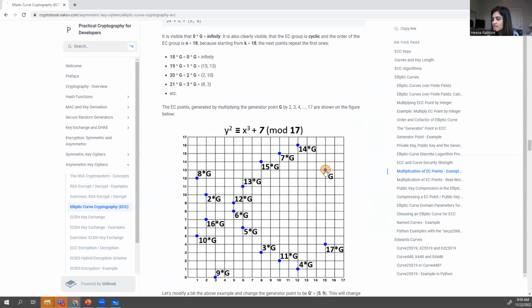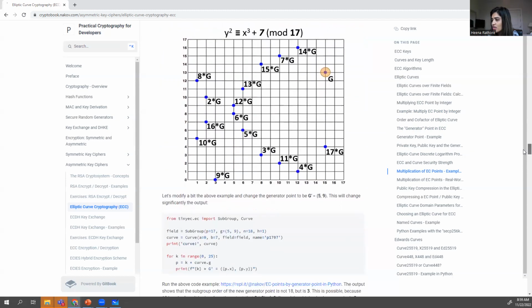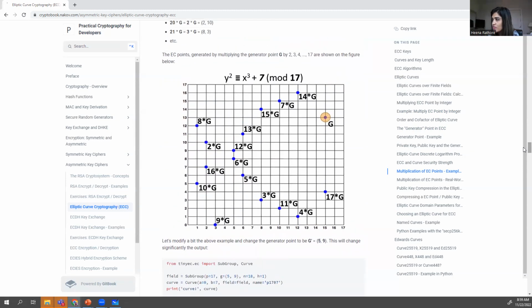So what it does is 1 times 5 comma 9, 2 times 5 comma 9, 3 times 5 comma 9, and so on. And you would see that in the end, you are able to get all these points, whether you do 1 times, 2 times, 4 times, and so on. You can cross verify this.